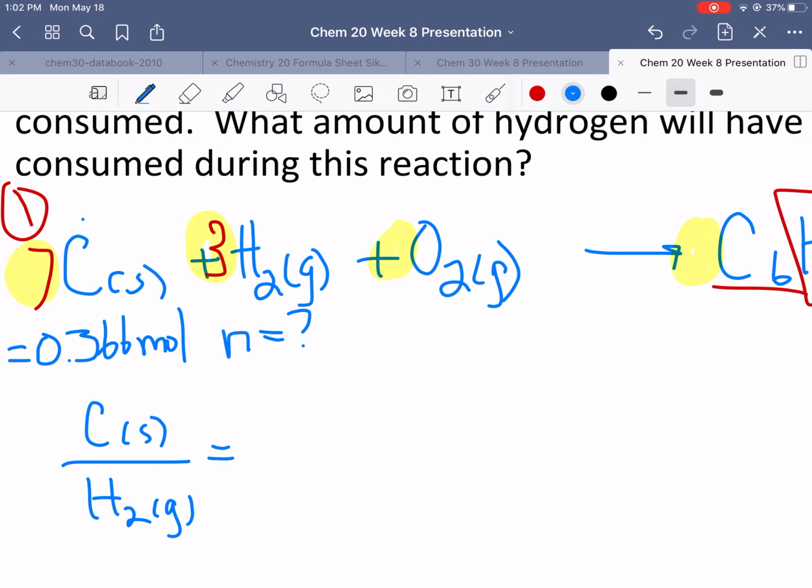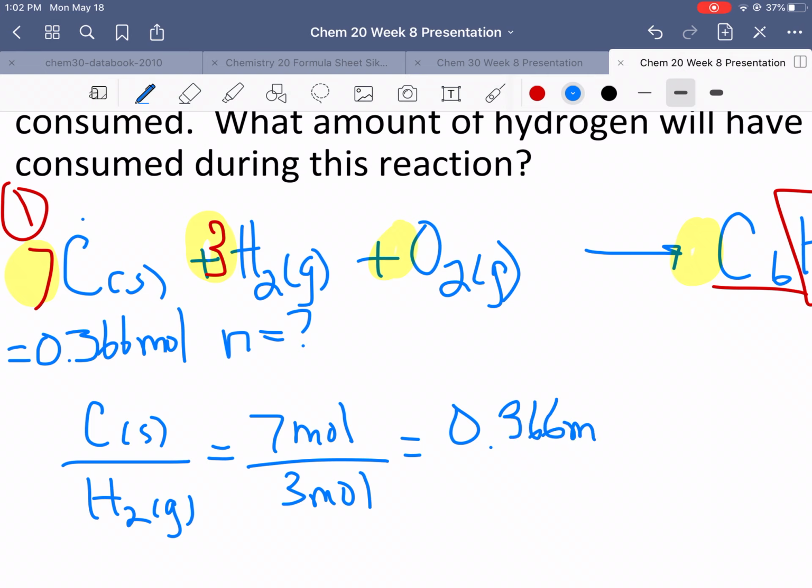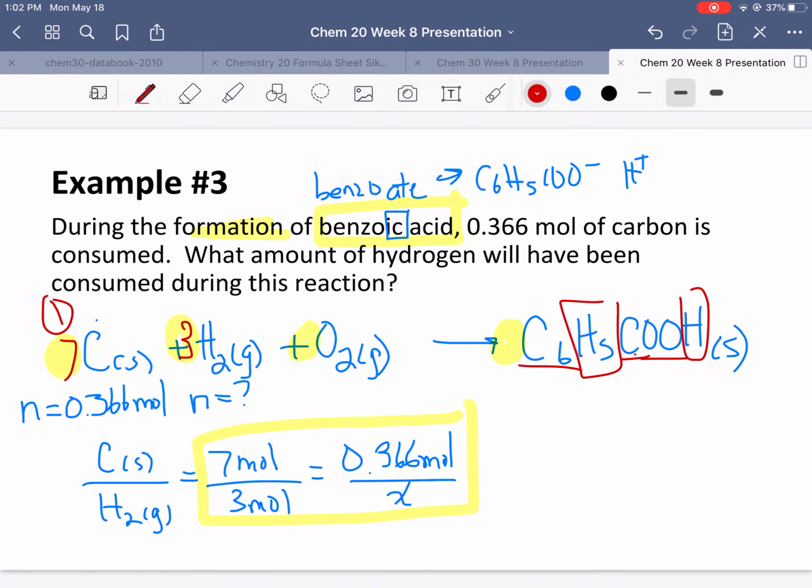Look at the numbers in the front. It is 7 moles of carbon to every 3 moles of hydrogen. You've been given to use with that ratio that there are 0.366 moles of carbon. Find out the amount of hydrogen required to react with it. There is the ratio we use.